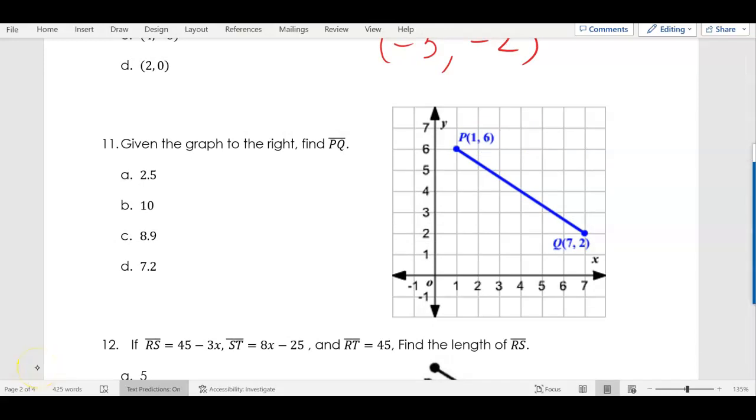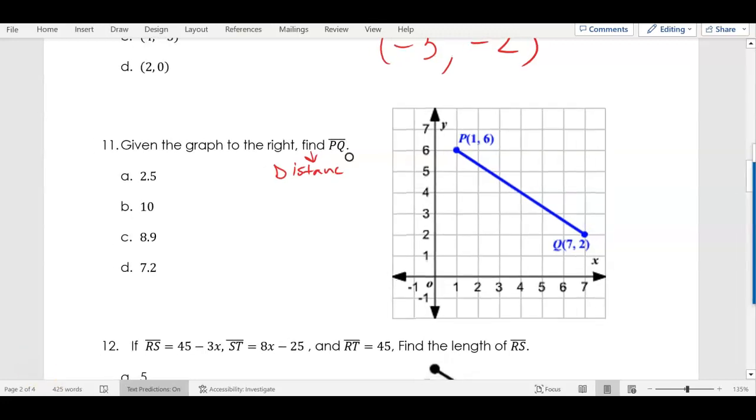All right. Now, given this graph PQ, we want to find PQ. Now, when it says find a segment, that means distance formula. Okay, distance formula.